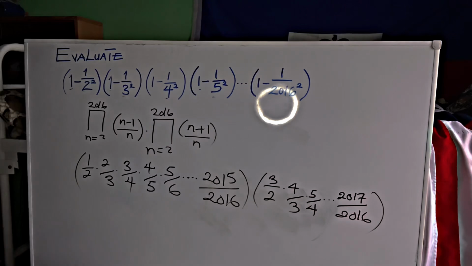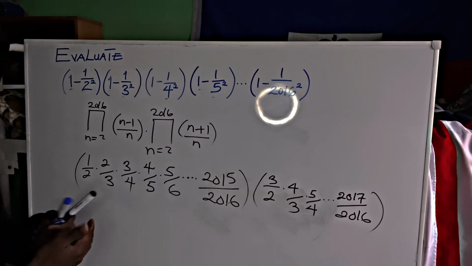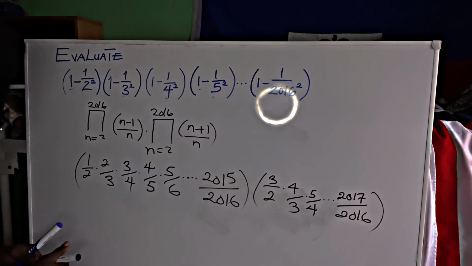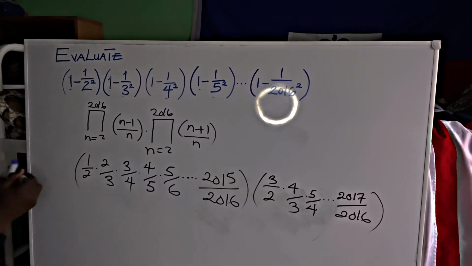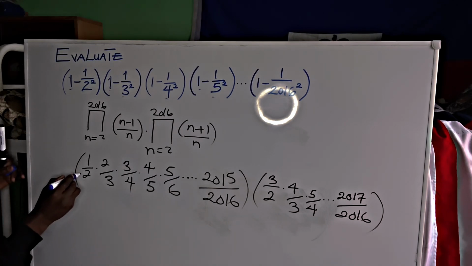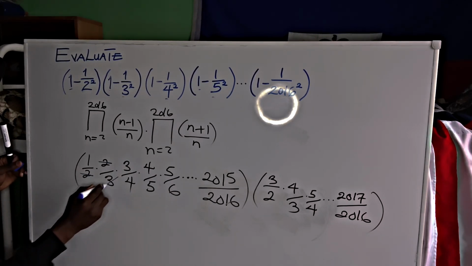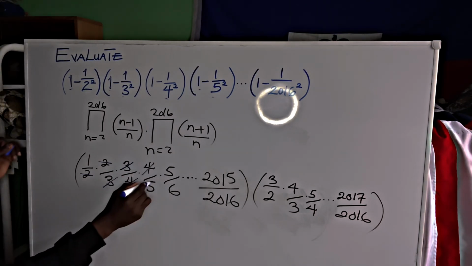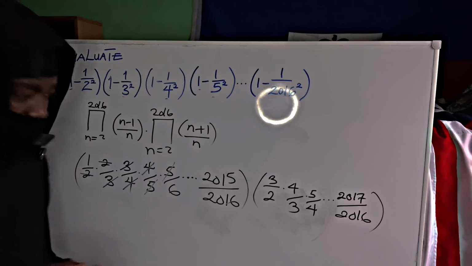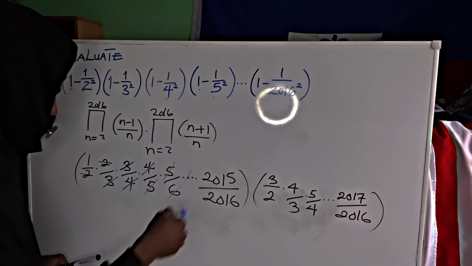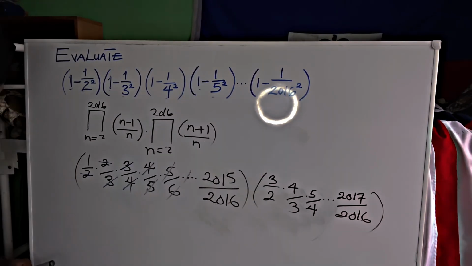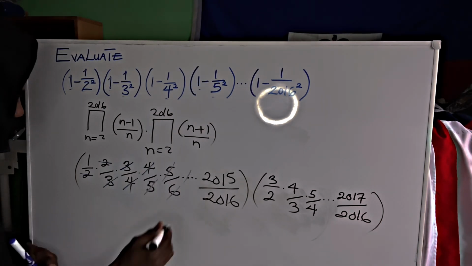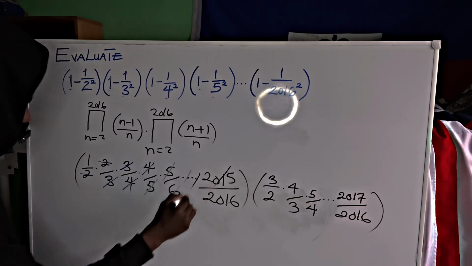So guys, this is very simple. If we observe, this is a telescoping product, in the sense that this 2 cancels this 2, this 3 cancels this 3, this 4 cancels this 4, this 5 cancels this 5, and you'll notice that even this 6 will cancel a term. They're going to go on until there's a term in here that is 2015, and it will cancel this 2015 up here.